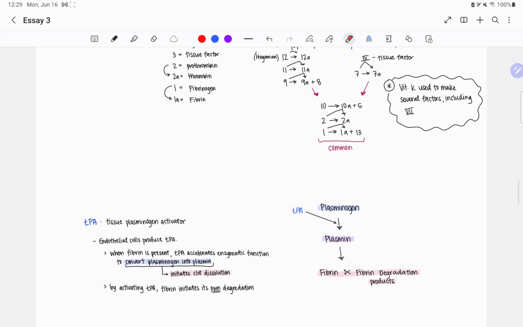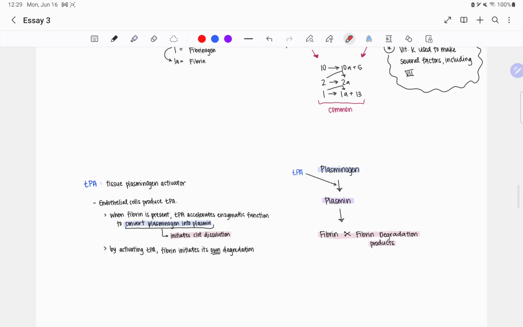Okay. Now, how do we break all this stuff up? Once the area is healed, and we need to get rid of the clot, or the bridges that were made in the plug, the platelet plug, and everything, we have what's called this TPA. It's the tissue plasminogen activator. So we have plasminogen. TPA comes in and activates it.